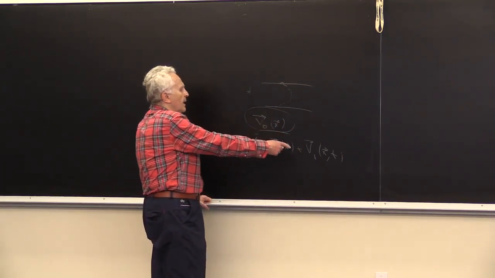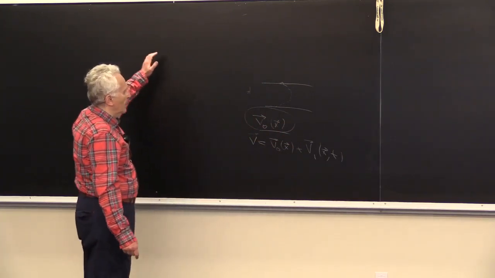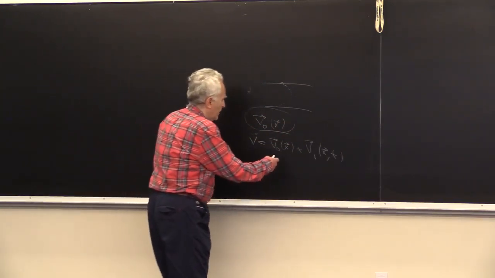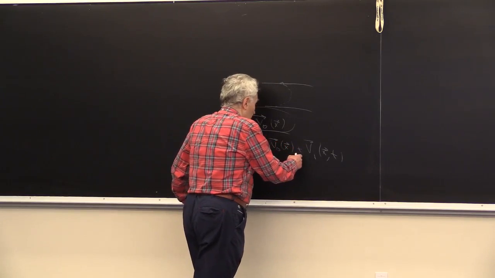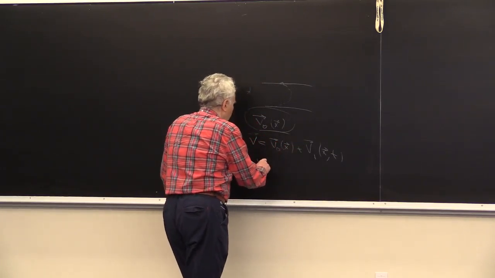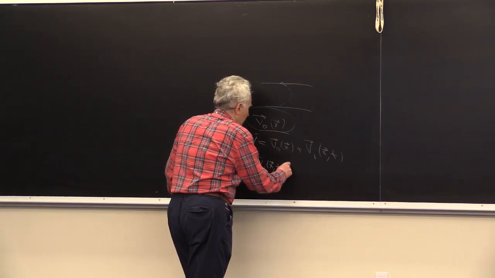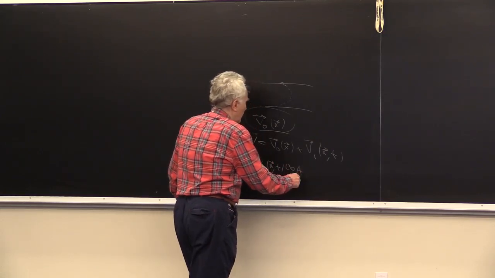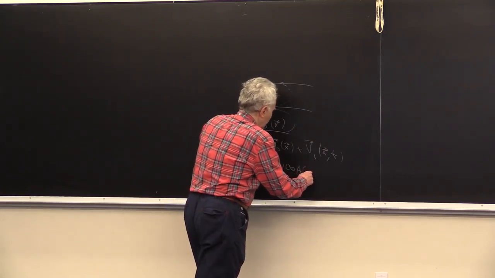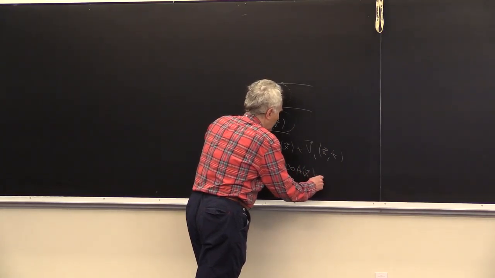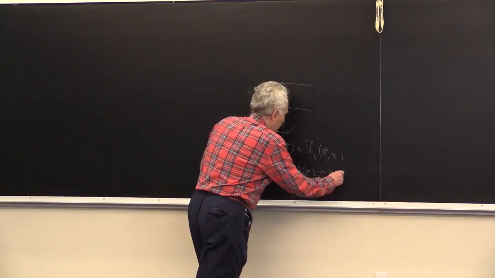In this particular case, we actually saw that we can look for V1 as some amplitude depending on x, times e to the minus i omega t.